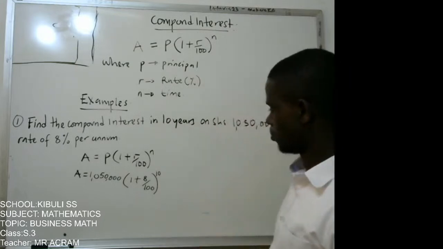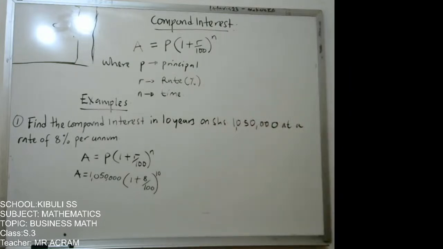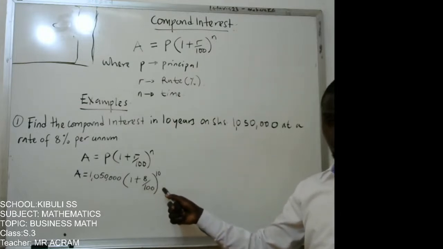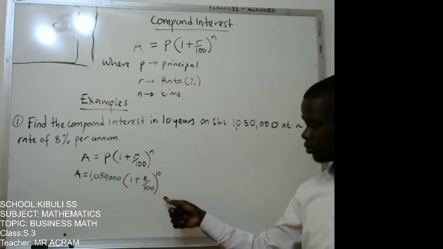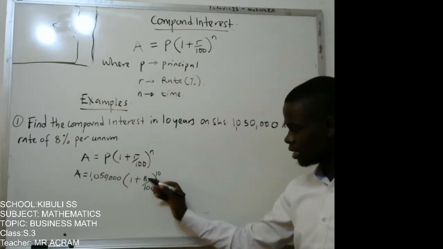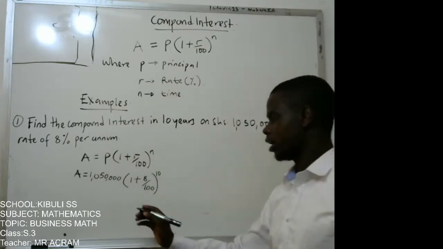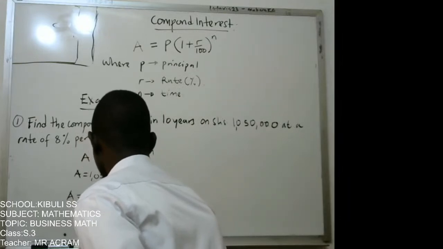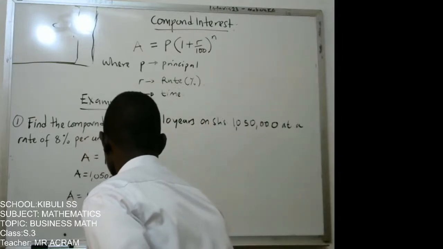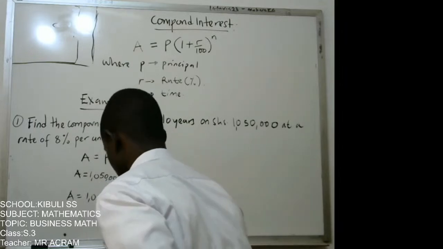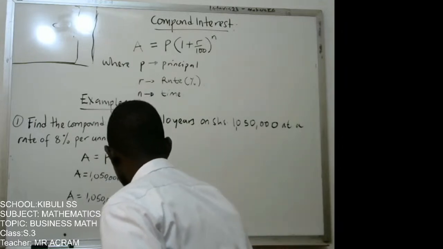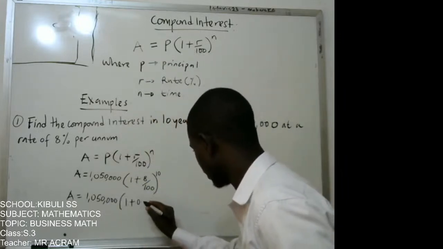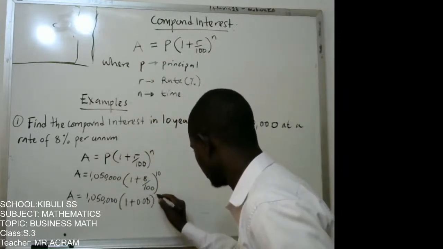10 power 10. To calculate this very well, you first need to deal with this bracket. Look here, please. First divide 8 by 100 and you tell me what you have. There are very many people who will fail from here. It is 0.08. This will be 1 plus 0.08 power 10.